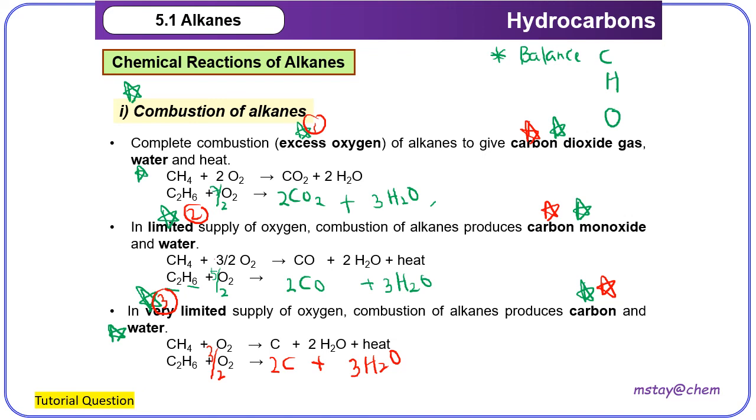When you focus here, 7 over 2 oxygen, 5 over 2, 3 over 2. From here we can also see that the amount of oxygen is getting less and less, which explains the condition of the oxygen supply.